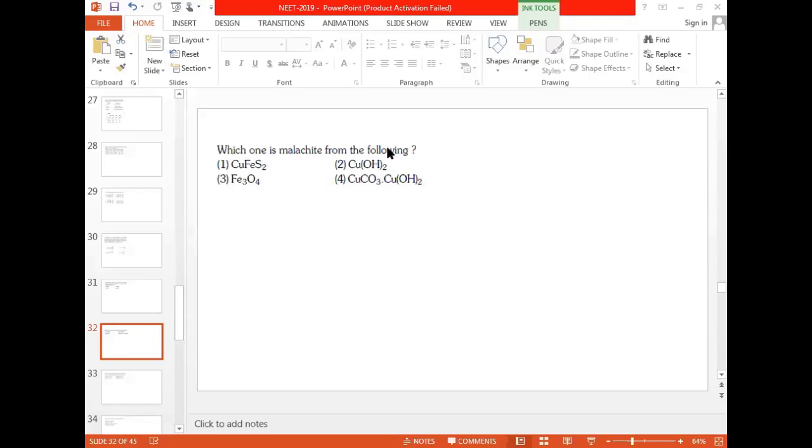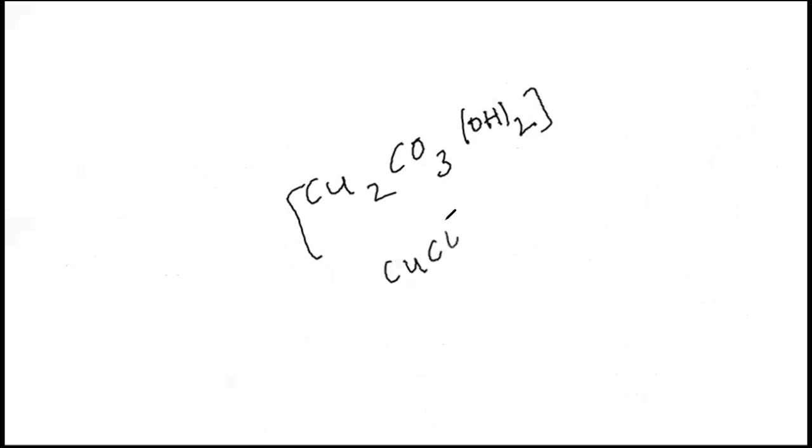We can also write it like Cu2CO3(OH)2. Even this way it is correct. Actually, we write it as CuCO3·Cu(OH)2.